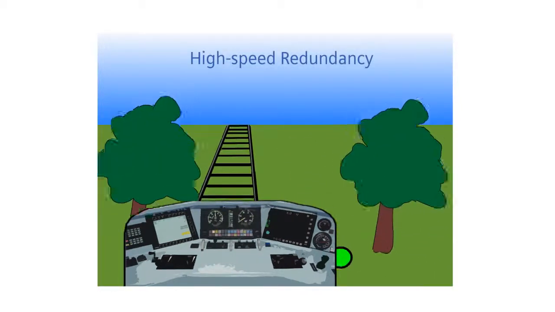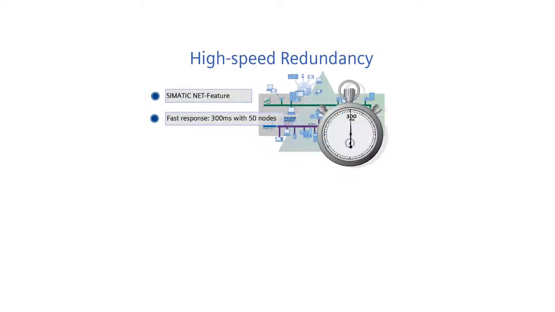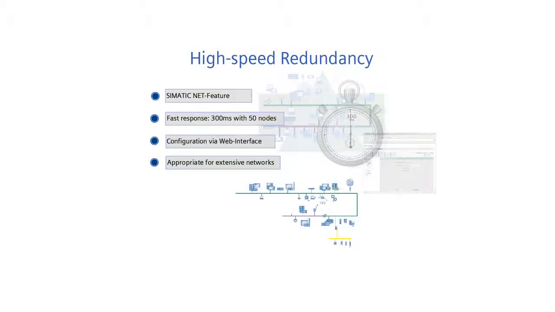High-speed redundancy, as provided by the switches of Siemens, bridges network disruptions very fast. A network with 50 nodes, for example, is repaired in less than 300 milliseconds. High-speed redundancy can be easily configured via web-based management and is very suitable for protecting extensive networks and subnets.